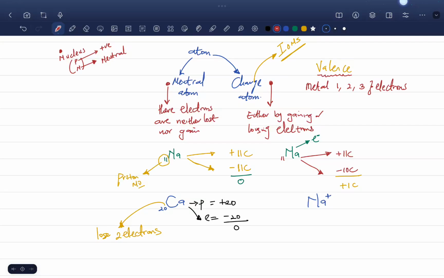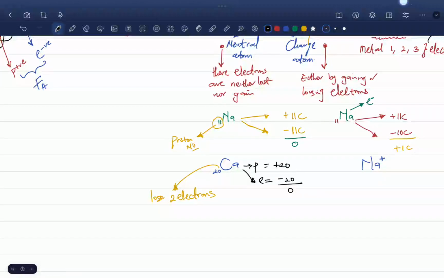If they have 1, 2, or 3 free mobile electrons in their outermost shell, these electrons are usually given off.